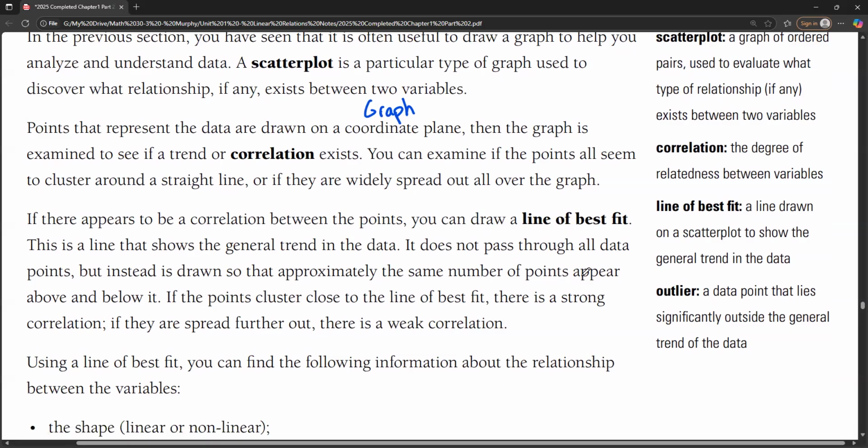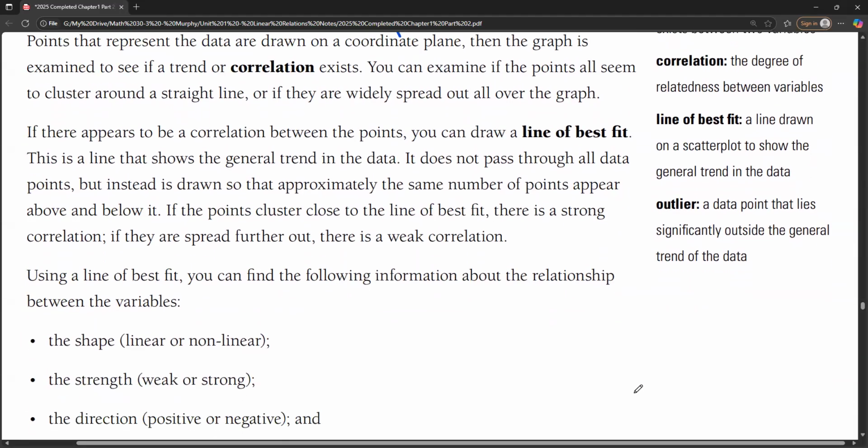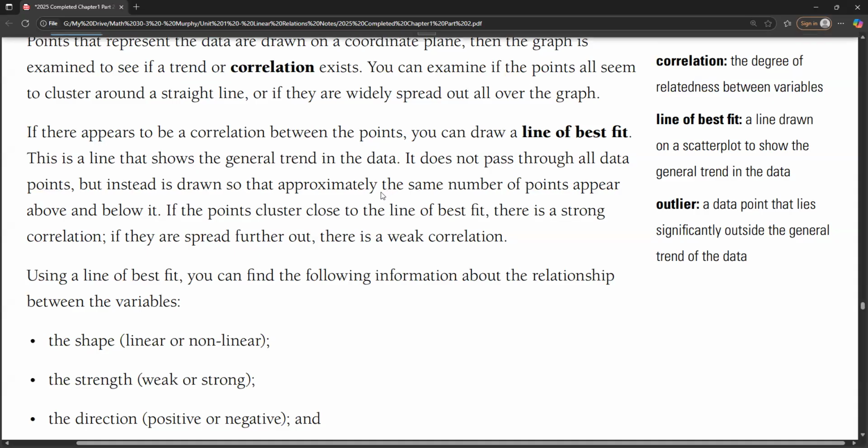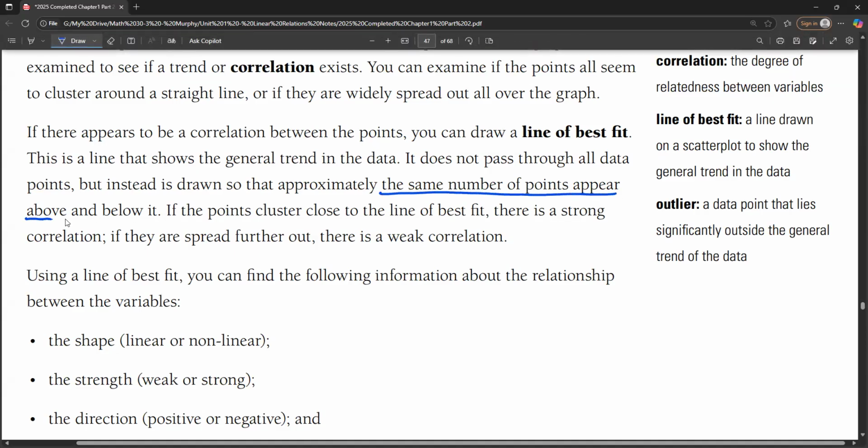You try to draw a line through the points that matches their trend or direction. This line shows the general trend in the data, and it does not pass through all of the data points, but is drawn so that approximately the same number of points appear above and below it.